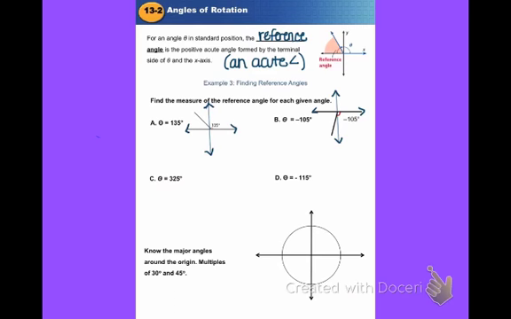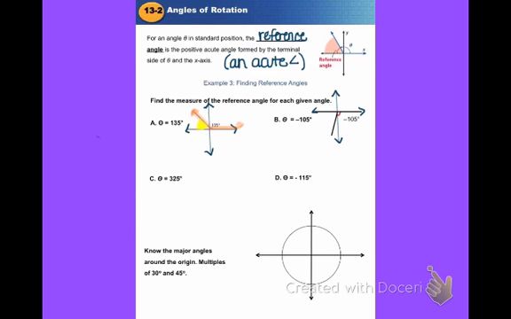So if I looked at this angle of rotation, which is 135 degrees, and I wanted to know the reference angle, the reference angle is going to be this angle that's formed right here going the closest direction to the x-axis. It's going to be this little piece right in here.